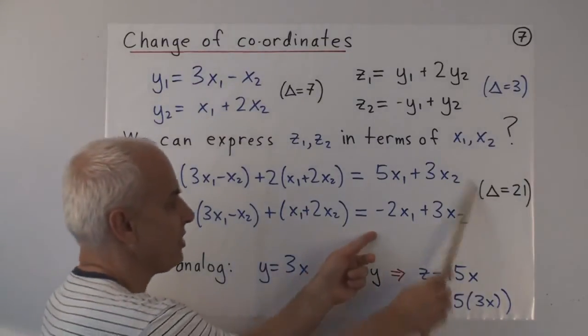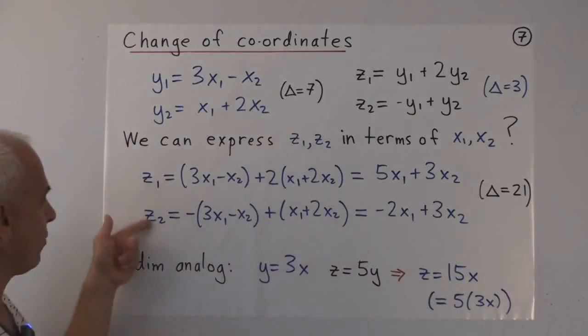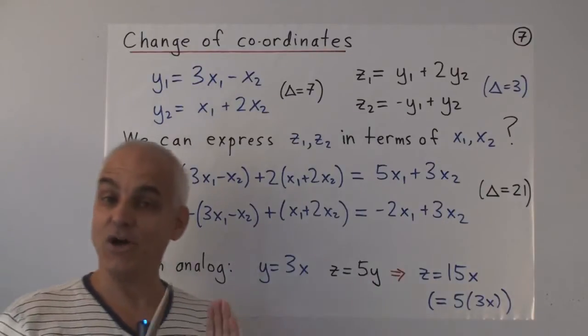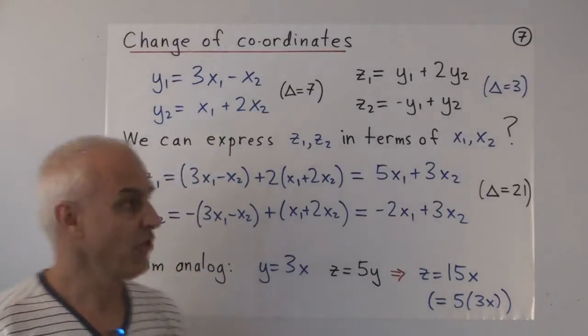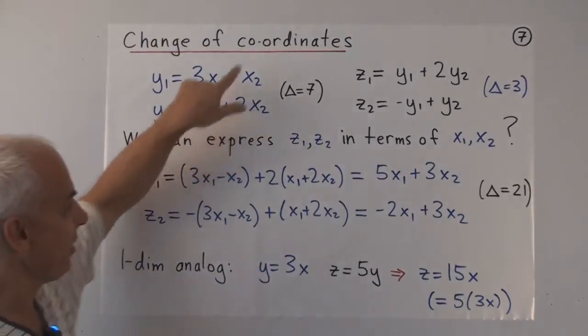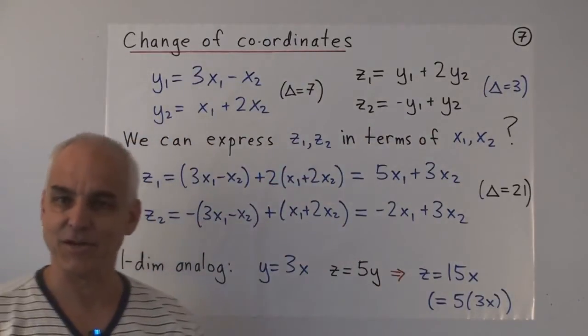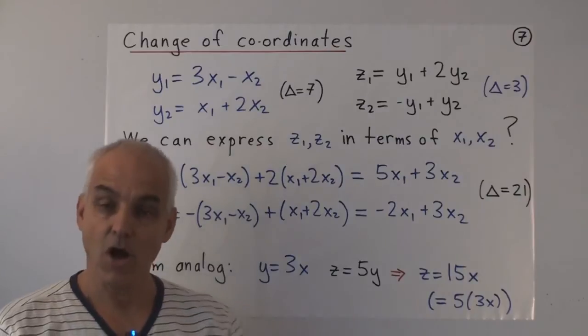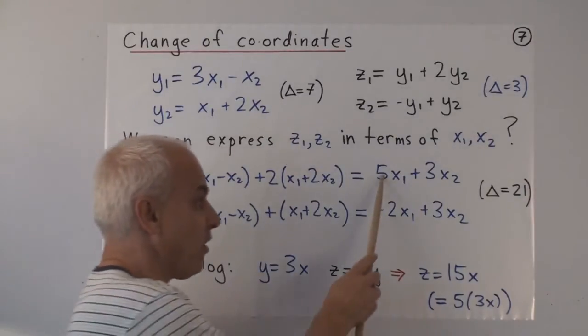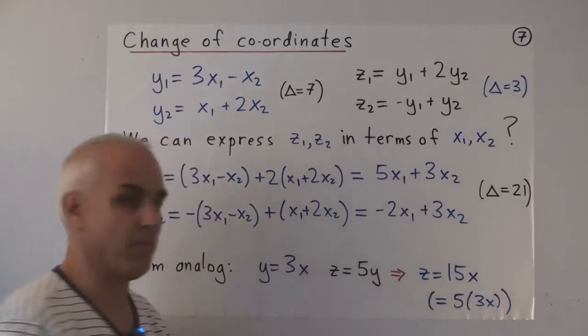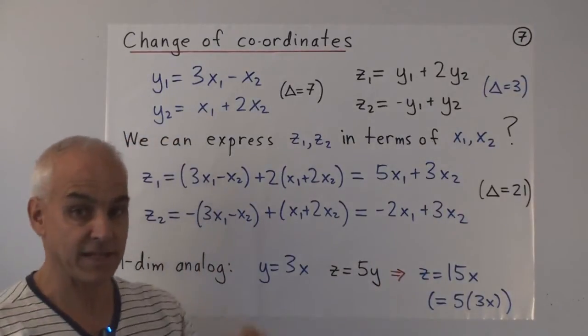And this is now the desired relation between the z variables and the x variables. Notice that it's also a linear relation. So we've gone from one linear relation here and another linear relation here to a third linear relation between the x's and the z's. Also note that the delta of this system is 5 times 3 minus 3 times minus 2. That's 15 plus 6.